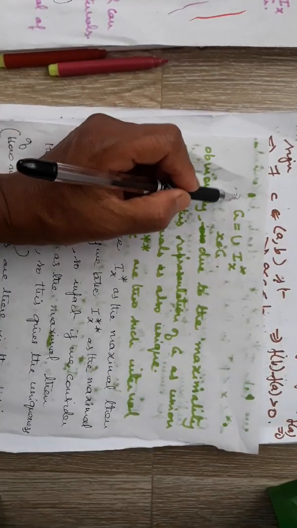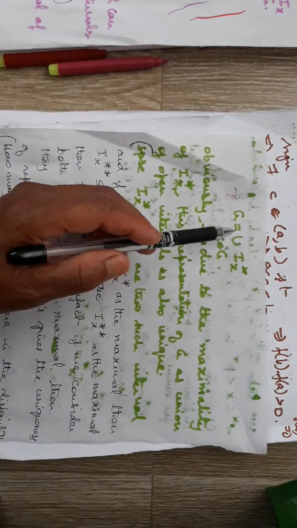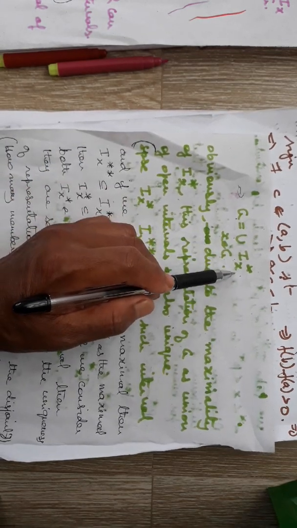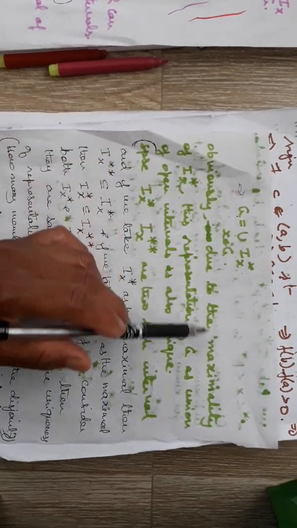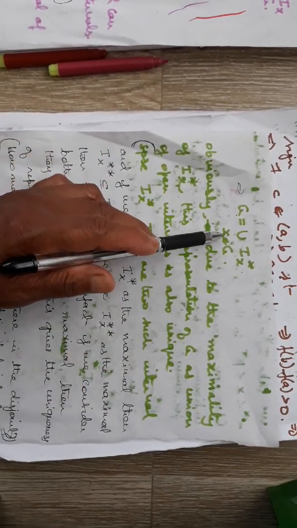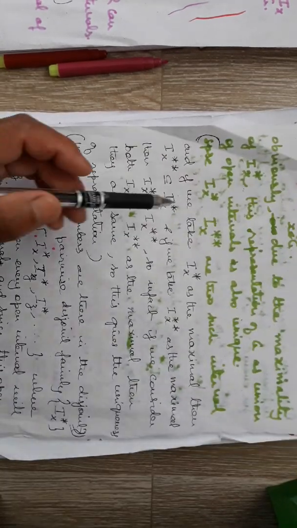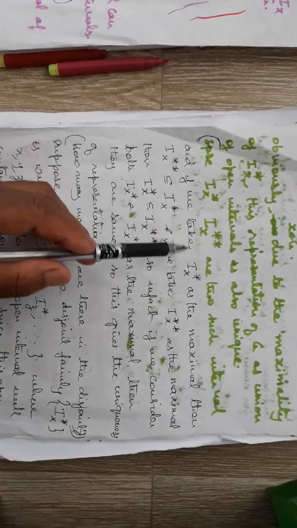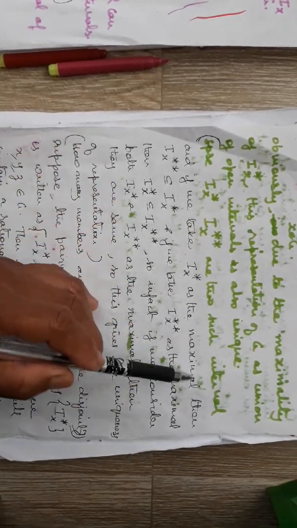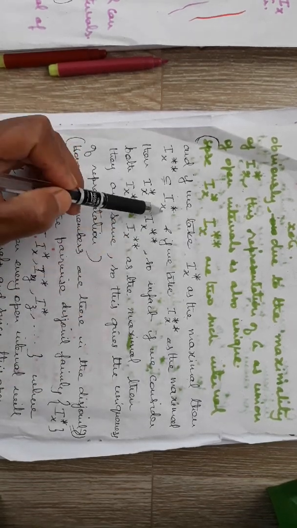So this implies that G is equal to the union of Ix star, x belonging to G. It can be expressed as a union of pairwise disjoint open intervals. Obviously, due to the maximality of Ix star, this representation of G as a union of open intervals is also unique. How? Suppose Ix star and Ix double star are two such intervals, and if we take Ix star to be the maximal, then Ix double star will be contained in Ix star.